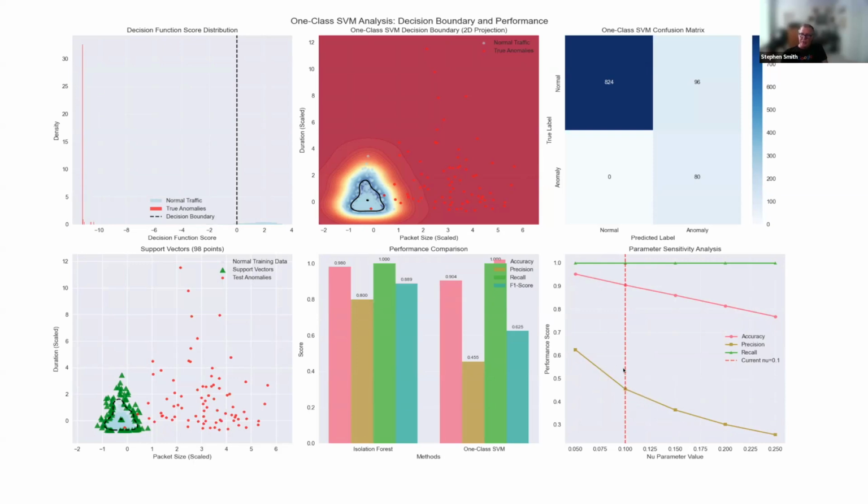You see there's this little dip here. That tells us kind of where the best NU parameter value is. So if that was in a different spot, maybe we would want to move it, but this looks pretty good for what we're doing. Again, not critical to remember. Just remember that NU is a hyperparameter that you can tune for one class SVM.